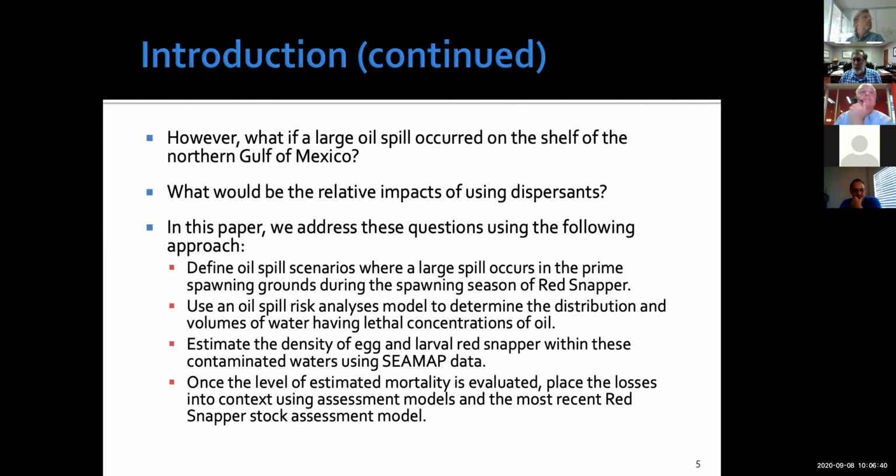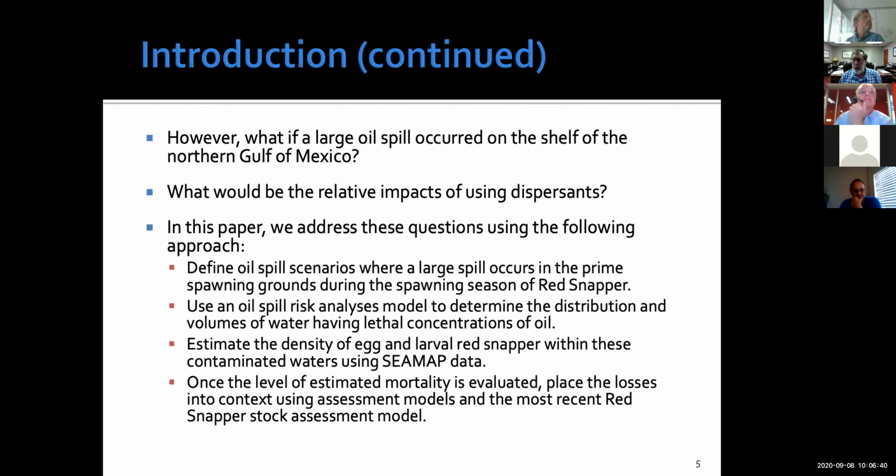That's the number per cubic meter of water that was filtered by the nets. Corresponding egg densities were estimated using an egg-to-larval ratio following a paper we published in 2007. I note that the same approach was used for the estimation of impact from the Deepwater Horizon oil spill. Same data set, et cetera.